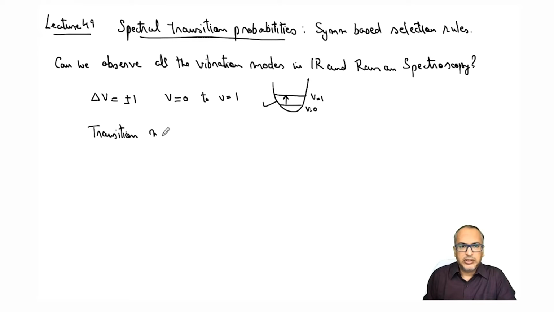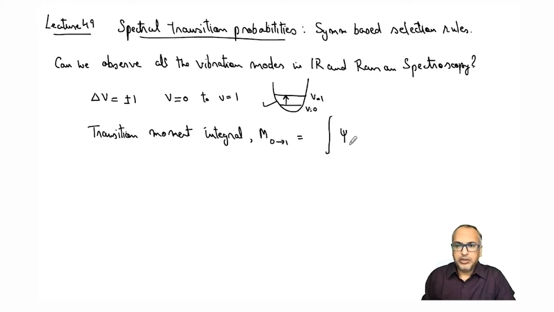The transition moment integral M 0 to 1 will be given by the integral of psi 0, mu, psi 1 star d tau, and this should not be equal to 0 for allowed transitions.